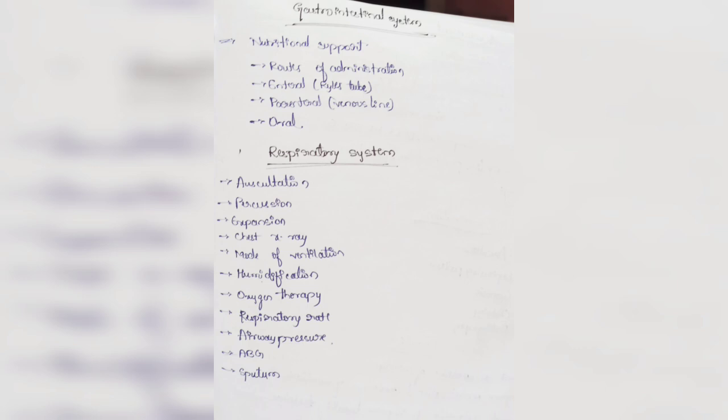After the gastrointestinal system, the respiratory system, in which we assess auscultation, percussion, expansion, chest X-ray, mode of ventilation, humidification, oxygen therapy, respiratory rate, airway pressure, ABG, arterial blood gas, and sputum.